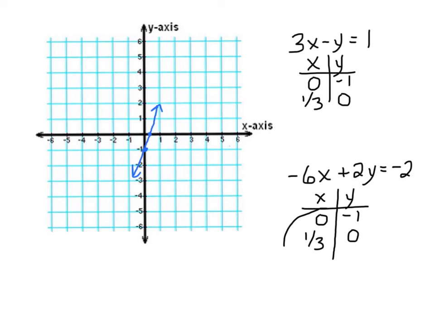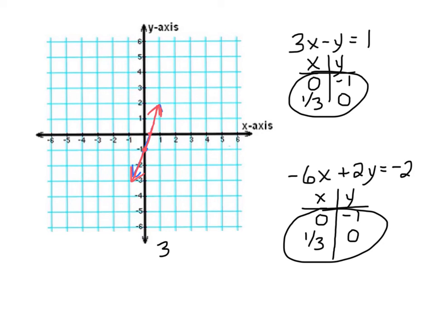Notice that the points are exactly the same, which means that if I were to graph this particular equation, and I'll do it in red, I would have exactly the same line, which tells me that I really had exactly the same equation to begin with.